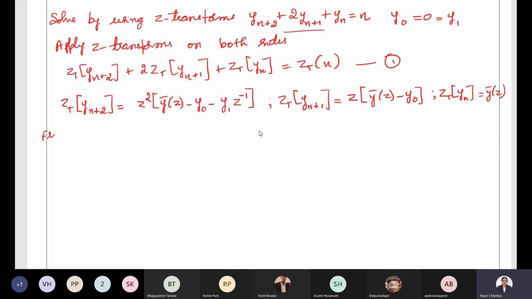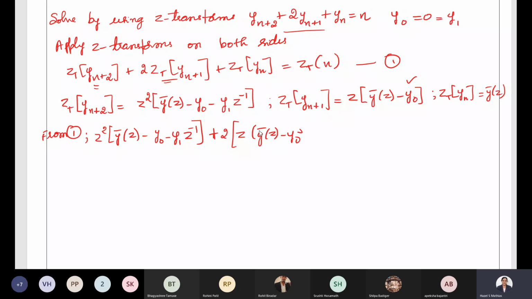From 1, when we substitute all these things, what do we get? Z transform of y(n+2) is Z square into y bar of Z minus y0 minus y1 into Z power minus 1, plus 2 times Z transform of y(n+1), which is Z into y bar of Z minus y0.